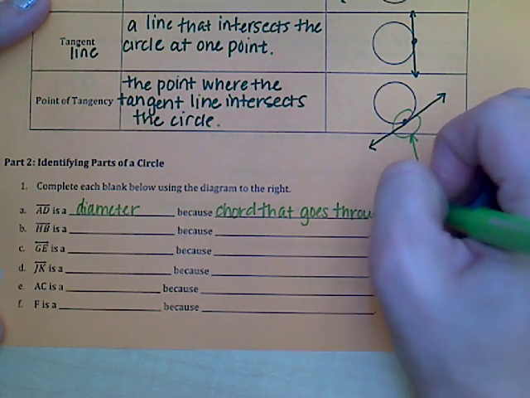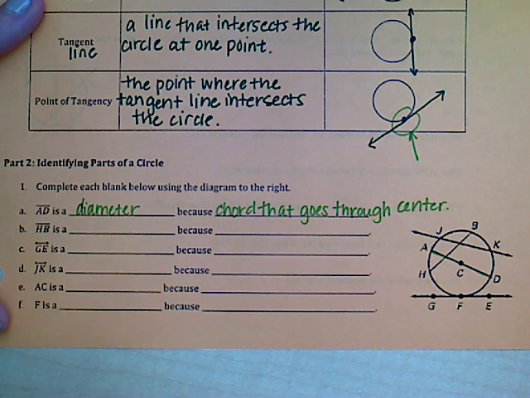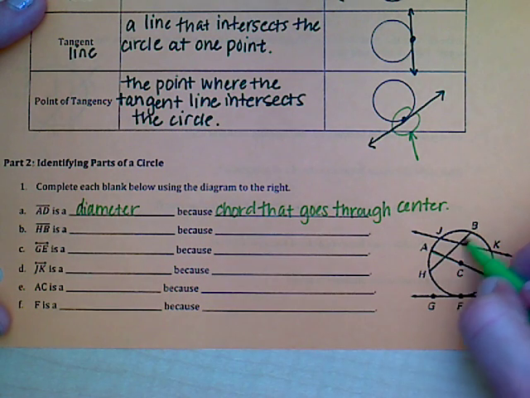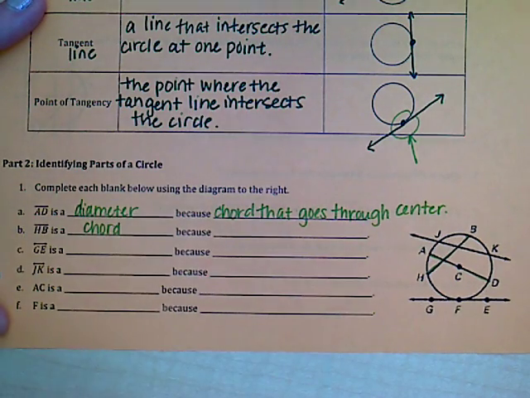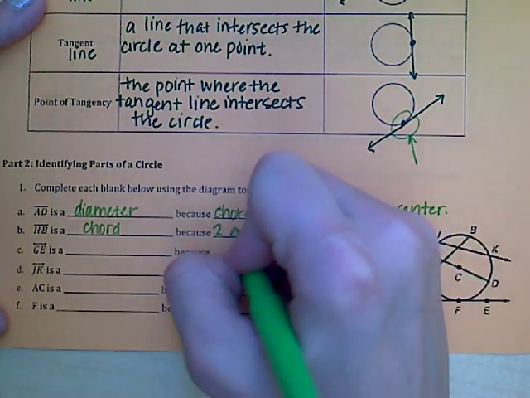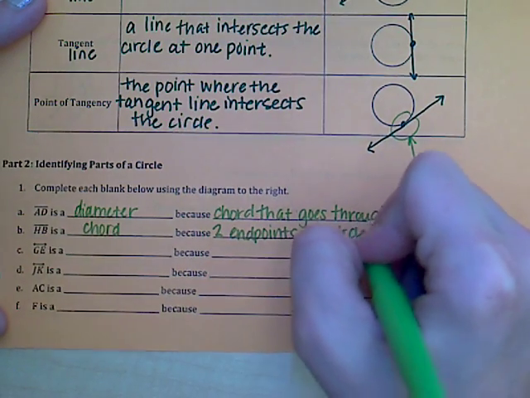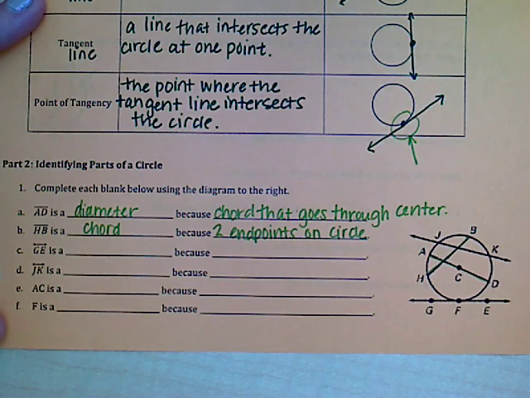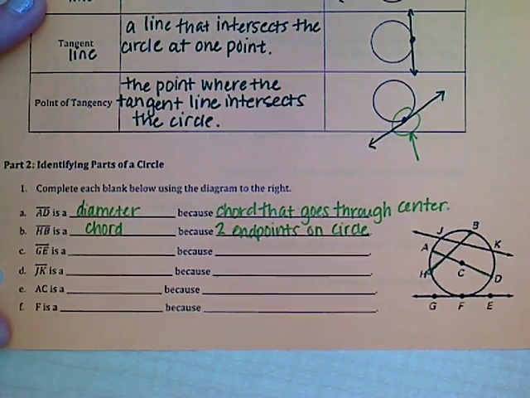Again, you can write something else if you want, or if you feel like you're pretty good with that one, you don't need to write a reason at all. The next one is segment HB, so here. Segment HB is a chord. And the way I know that is because it has 2 endpoints on the circle. So H and B both lie on that circle. So those are endpoints. That makes it a chord.